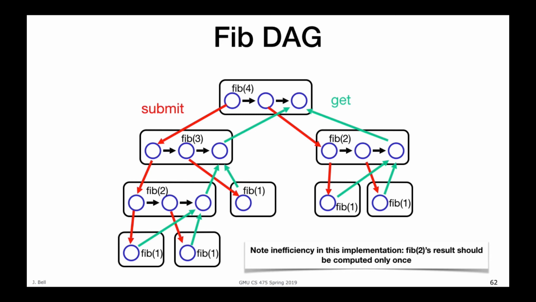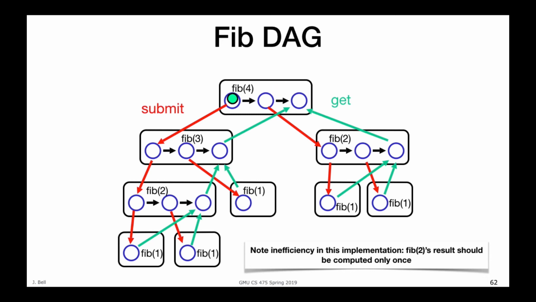Each circle in the graph represents a thread. Each black horizontal arrow is a sequential dependency. The code says to do this before that.